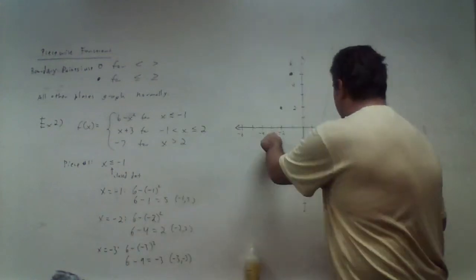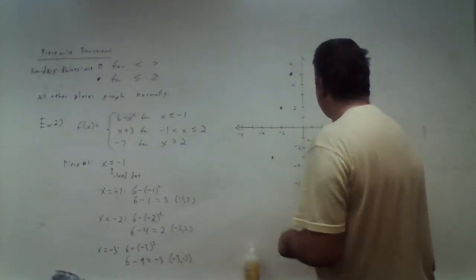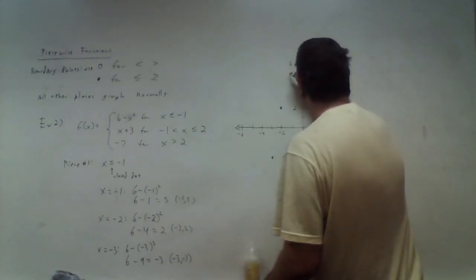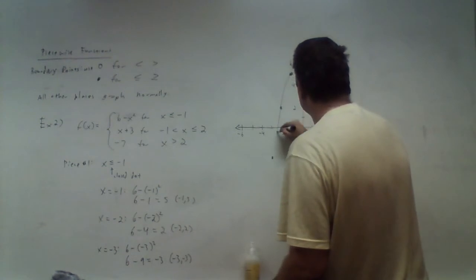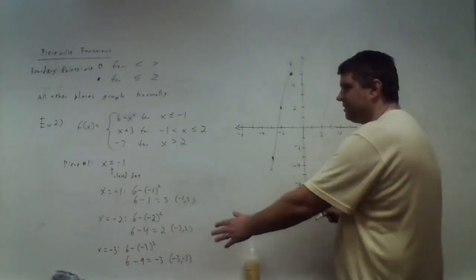So negative 3 on the number line, down 3. It's a quadratic, so it's going to be curved. Okay, so that's piece number 1.